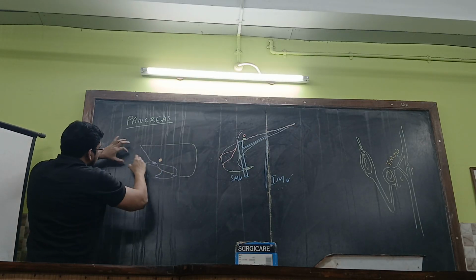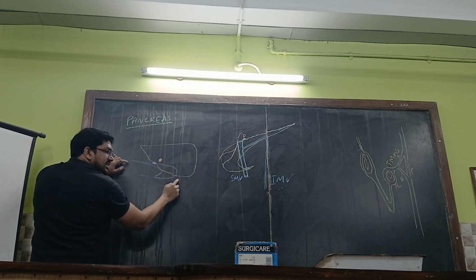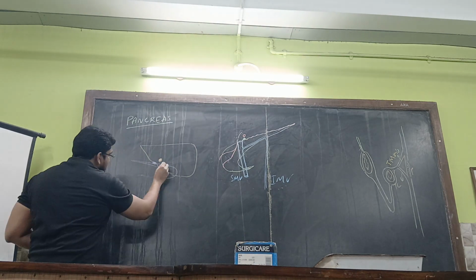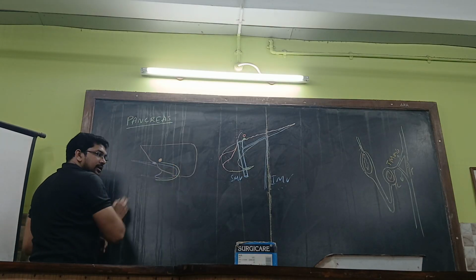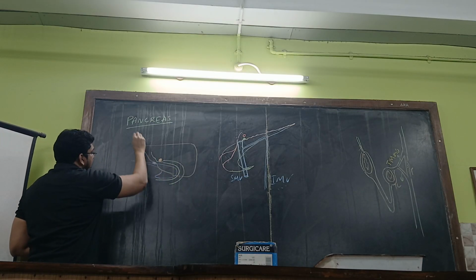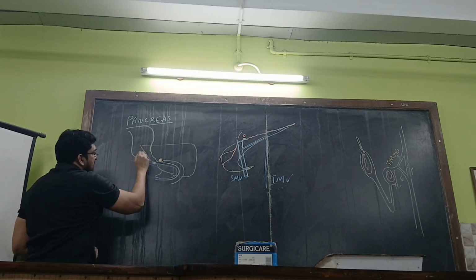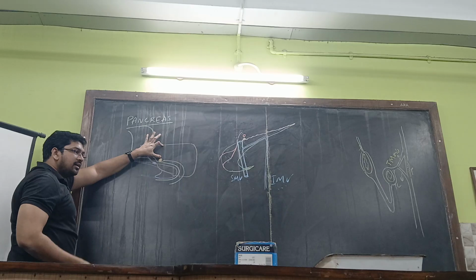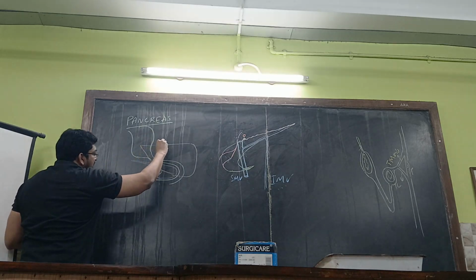The duodenum will be extending in this manner, so the first part is present over here. This is the first part of the duodenum. From here starts the stomach. This part is the stomach, for example.